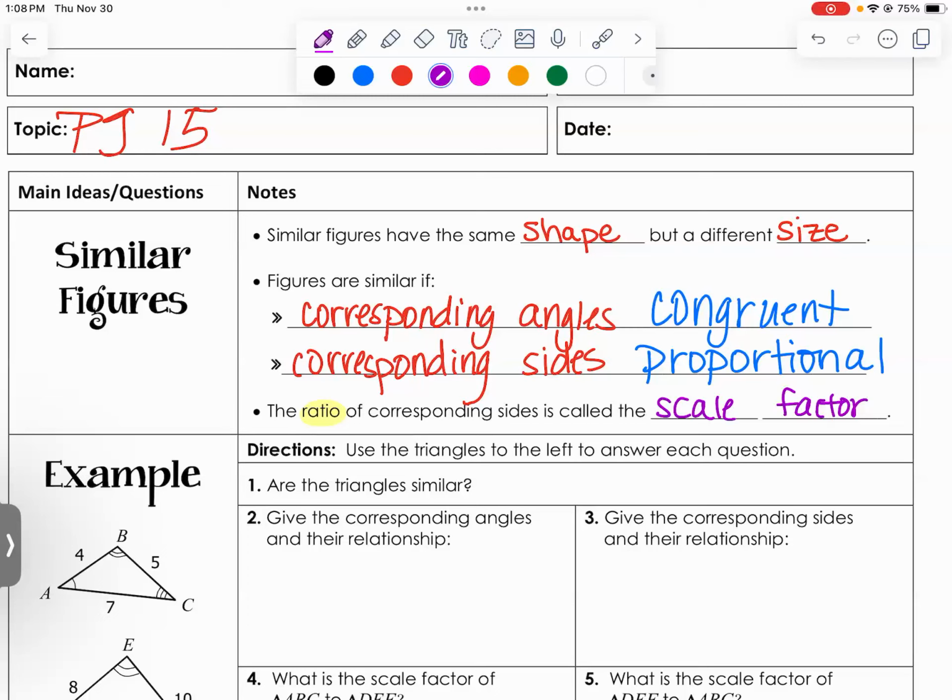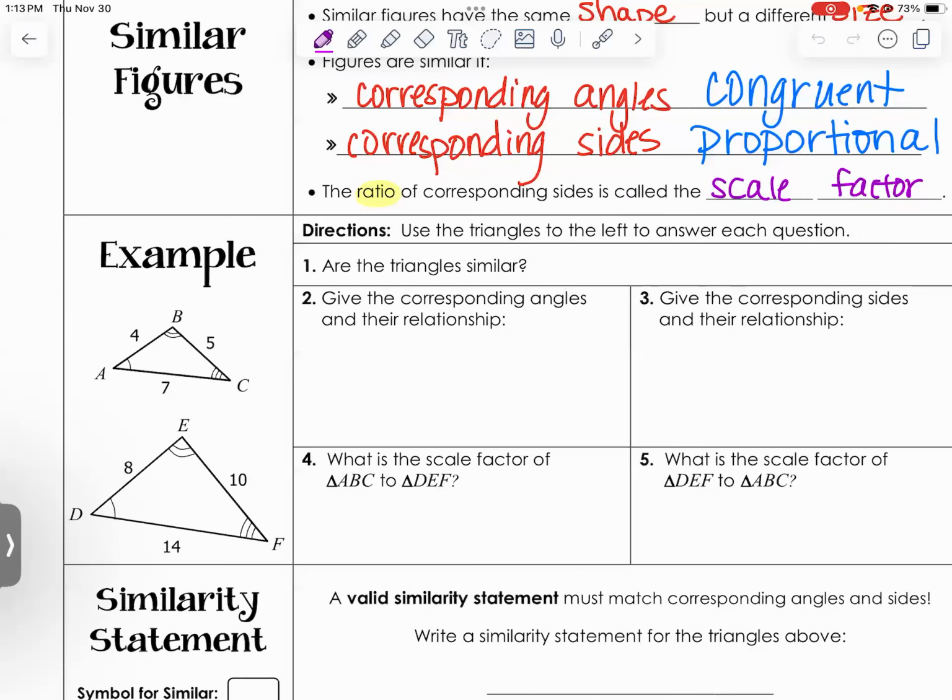Before we actually talk about identifying similar figures, in our notes, I want you to look at these three right here. I'm going to highlight side AB. What side in this bigger triangle corresponds with AB? DE. Okay.